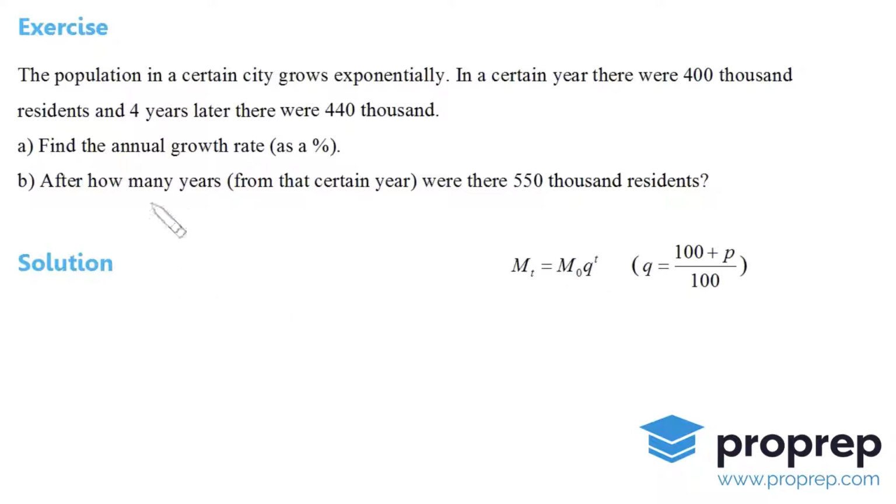What do we know? Well, we know M naught, also called M0, and that's 400,000. I'll write it in digits rather than the word thousand.